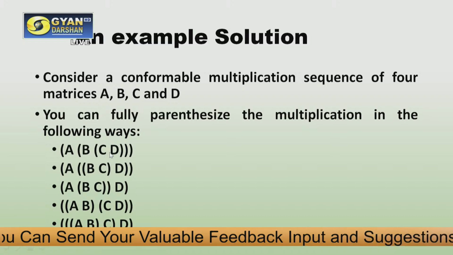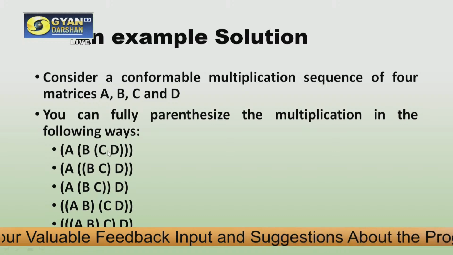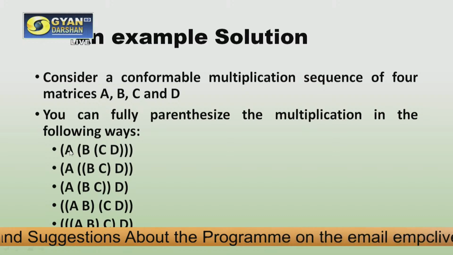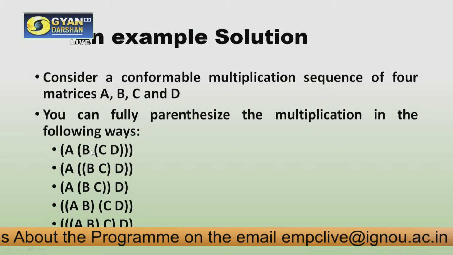So this is one way. In this case, first we multiply CD, then B with the product of CD, then A with the product of BCD.